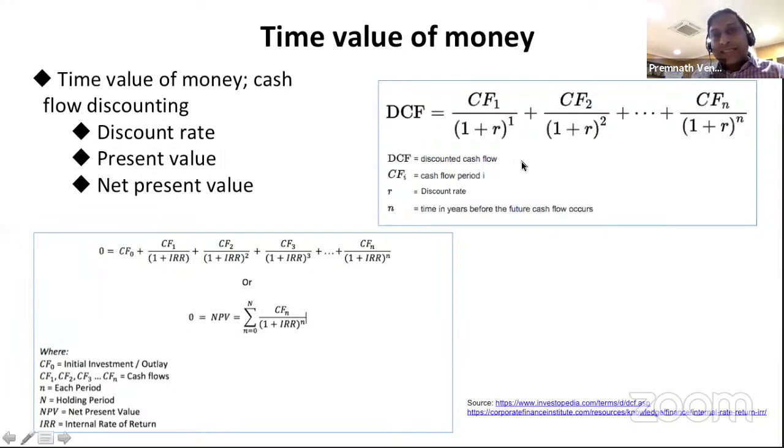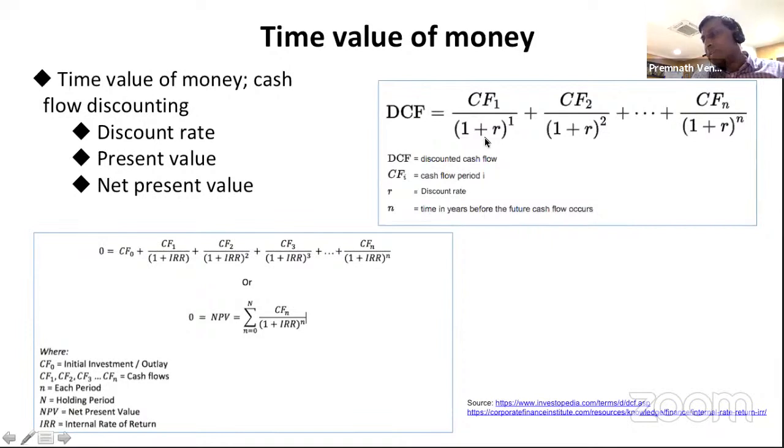So let's take this example here. This equation just says that here is a cash flow which comes in year 1. If you divide it by 1 plus a discount rate, it is called the present value of that particular amount. So if it's 100 rupees that is coming after year 1, and the discount rate is, say, 10%, then you're dividing it by 1.1.